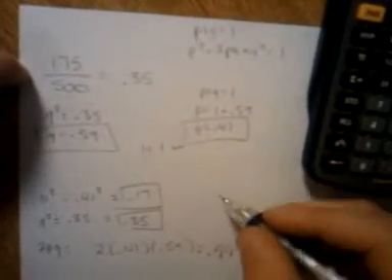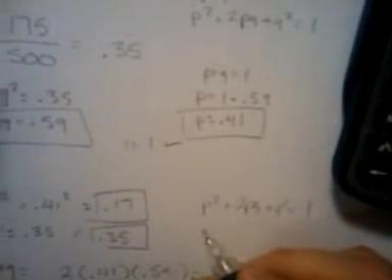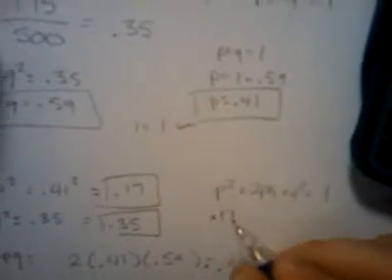So now you solve and see if you get the answer right. So you do p squared plus 2pq plus q squared equals 1. We already determined the values. So you do p squared, which is 0.17, plus 2pq, which is 0.48, plus q squared, which is 0.35, equals 1.